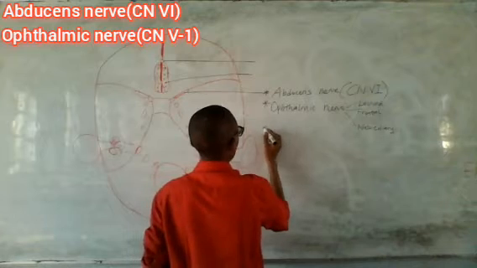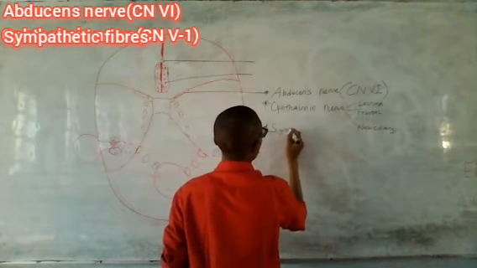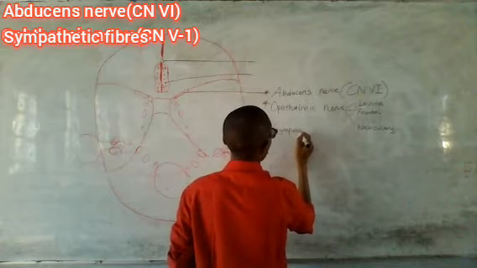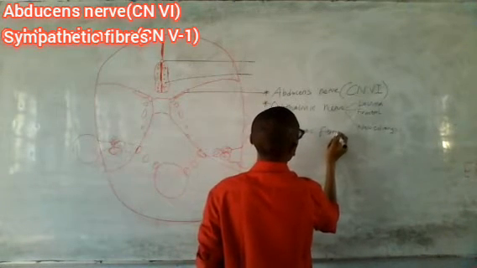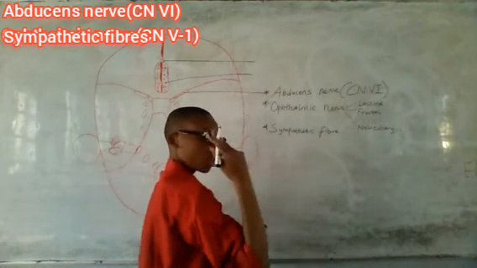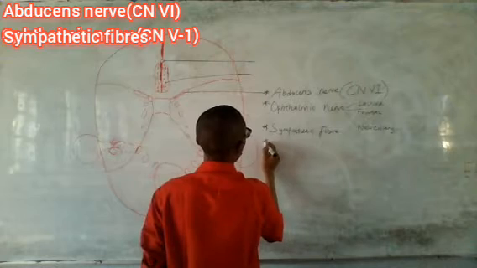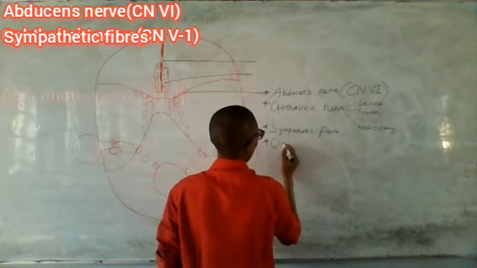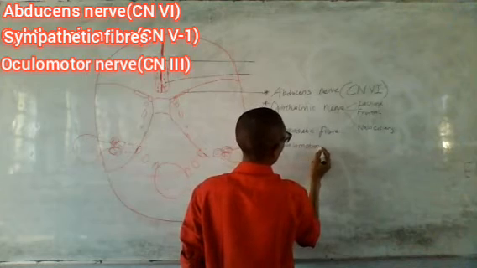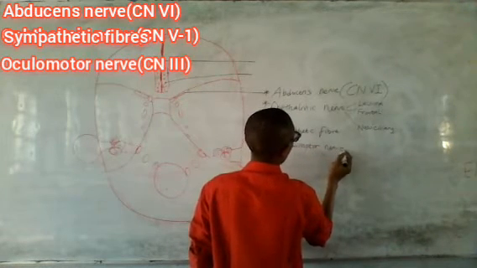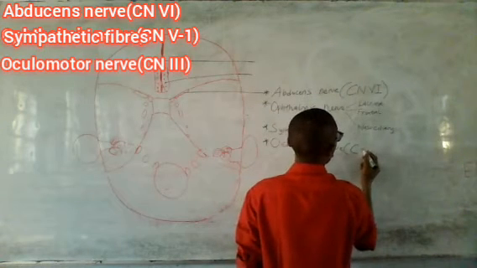Another structure that will pass through it is the sympathetic fibers, and they pass through to supply the structures of the eyes. Then we have the oculomotor nerve, which is the third cranial nerve.